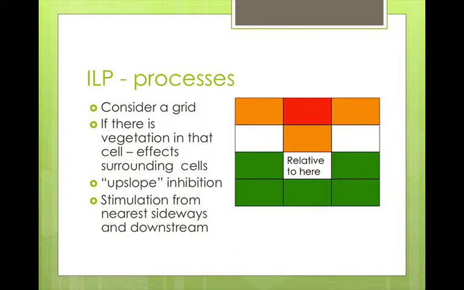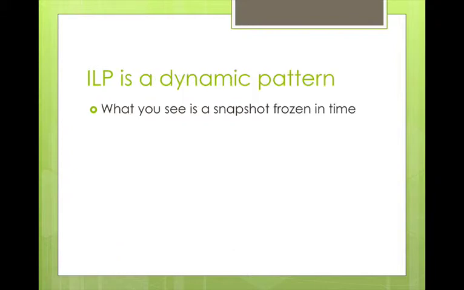If you have high plant activity, it'll inhibit the next set of squares, and the pattern creeps across the landscape with time. So it's a dynamic pattern, and the island labyrinth pool pattern you see at any time is just a snapshot.